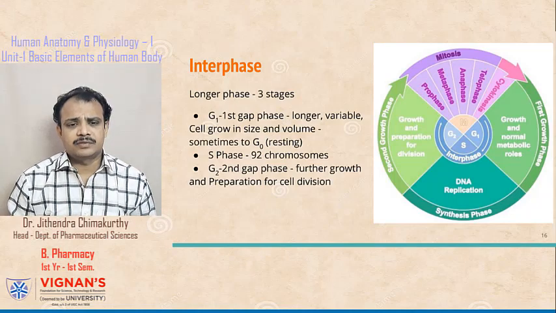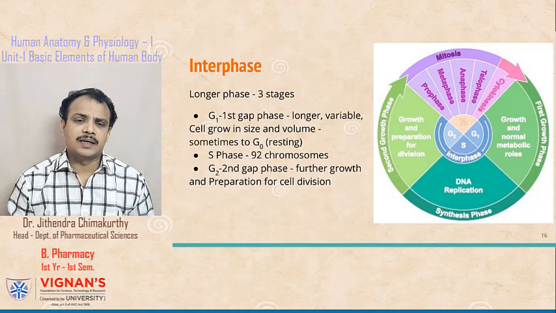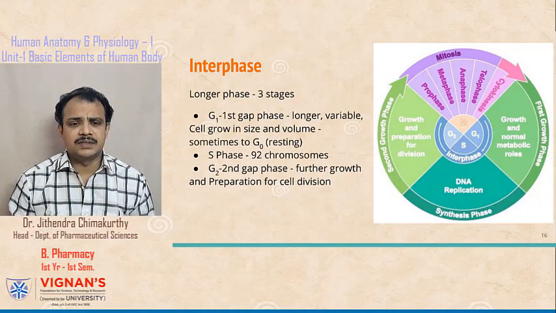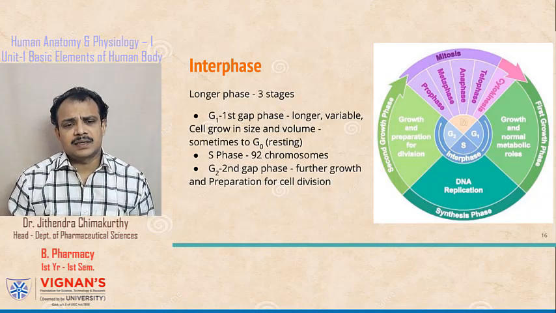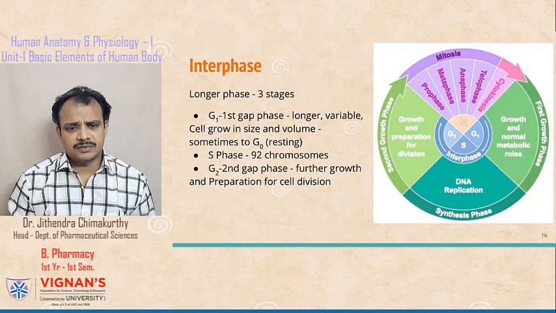After this phase comes the third phase, the second gap phase, also called G2 phase. There is further growth and preparation for cell division. So these are the 3 stages of interphase: first gap phase, S phase, and second gap phase.